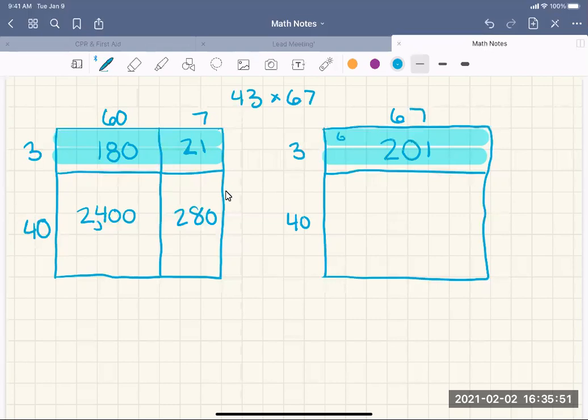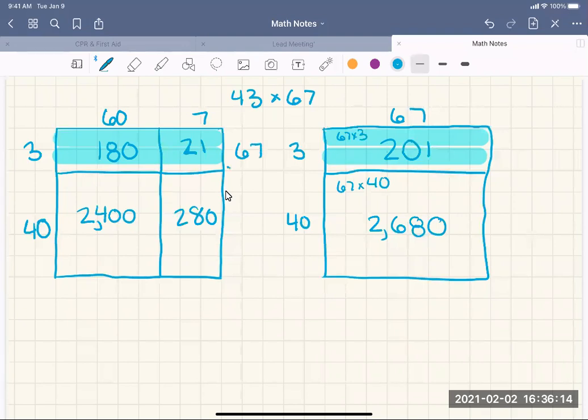So this one was 67 times 3. This one's going to be 67 times 40, which is going to be 2,680. Okay, so let's show that using our lining it up vertically with our algorithm.